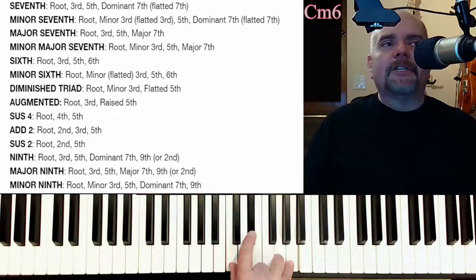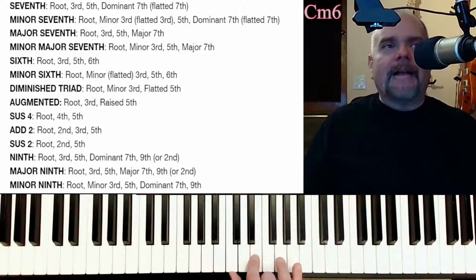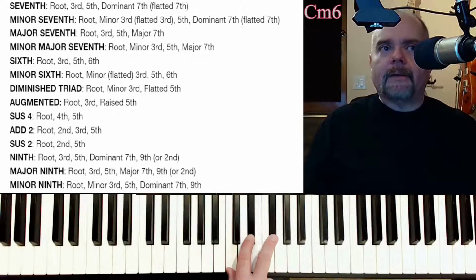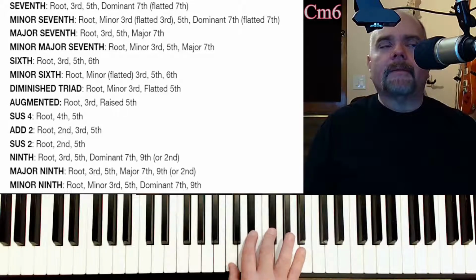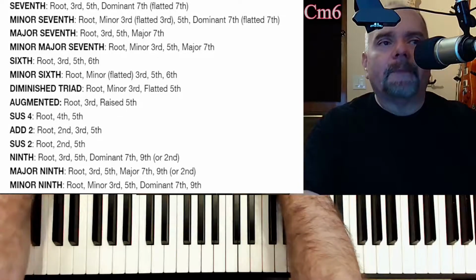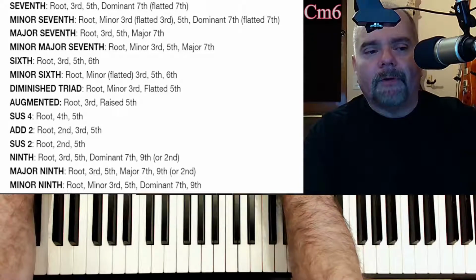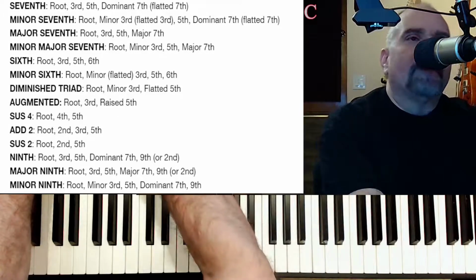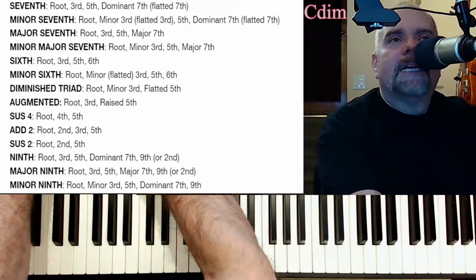Next one on the list, diminished triad. Just follow the instructions. You flat the third, and you flat the fifth. Augmented chord. Oh, I should be showing you how these chords would be written. Diminished would just be written like this. C diminished.